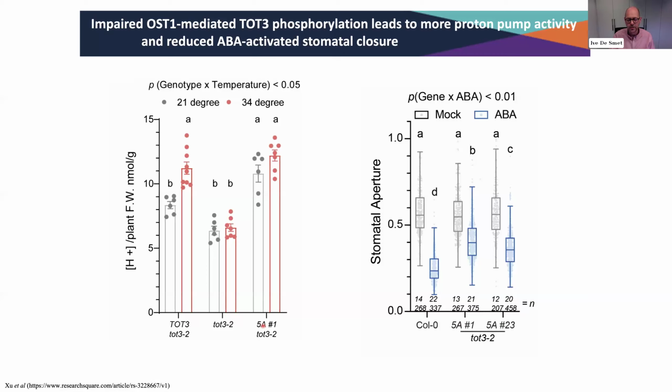So we see elevated proton pump activity in our alanine variant, showing that this is indeed a hyperactive one. And we also see that this phosphomutant variant is less sensitive to ABA-induced stomatal closure, as you can see here.